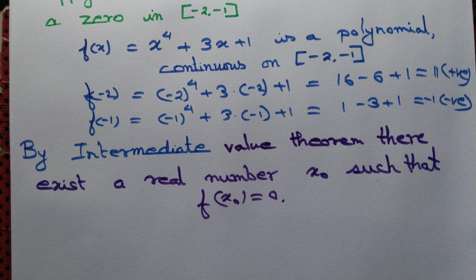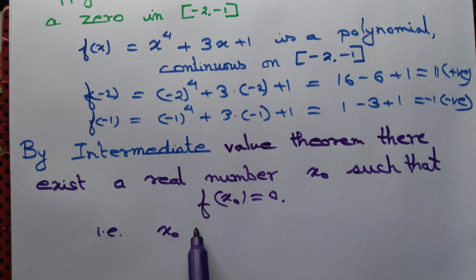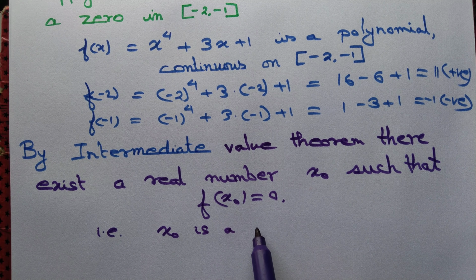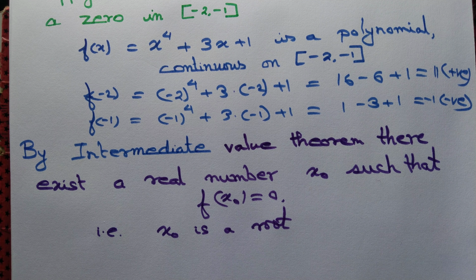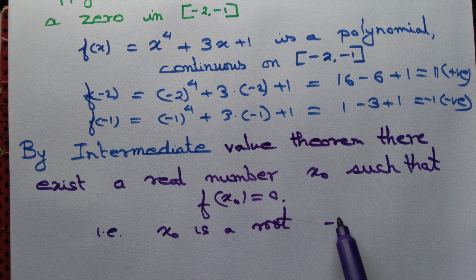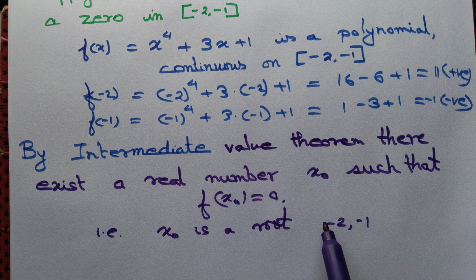So x naught is a root of the polynomial equation. That is, x naught is a root. And again, by the Intermediate Value Theorem, x naught must lie in the interval (-2, -1).